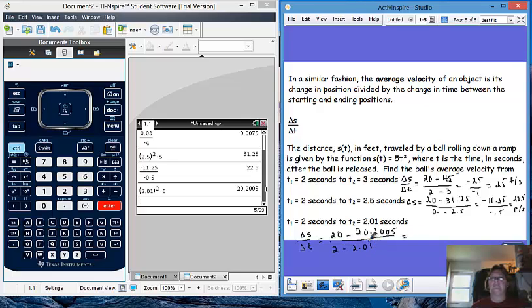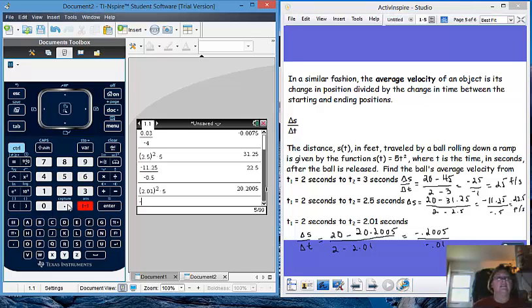All right, and the times involved are 2 seconds and 2.01 seconds. So let's see, 20 minus, well, that's going to be negative 0.2005 on top, and on the bottom, negative 0.01. So we want to divide that negative 0.2005 by negative 0.01.